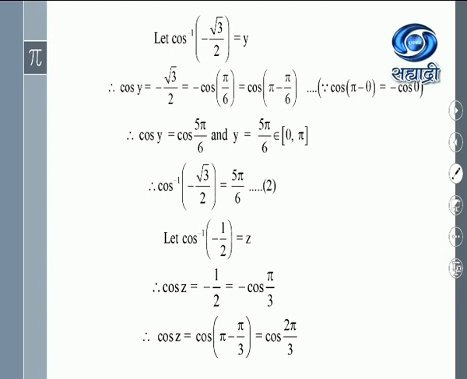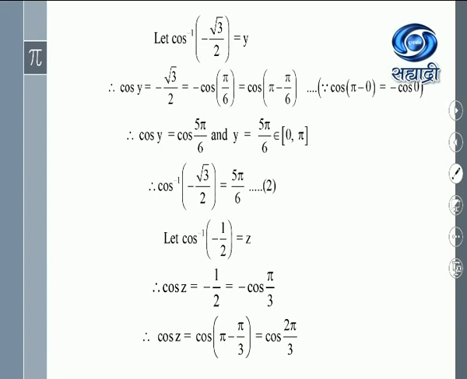Again, as I told you, this minus sign we write in this manner: cos of 180 minus theta, the quadrant is second, and in the second quadrant cos is negative. I already explained here, cos of pi minus theta is minus cos theta. So cos of pi minus pi by 3 is nothing but minus cos pi by 3.